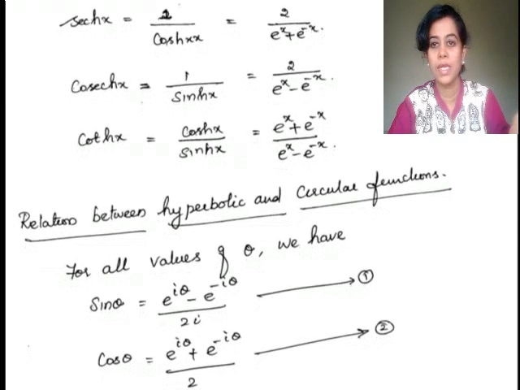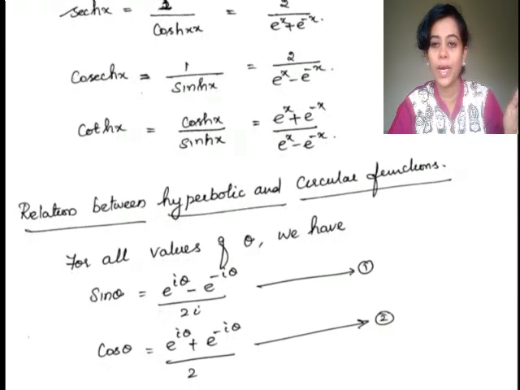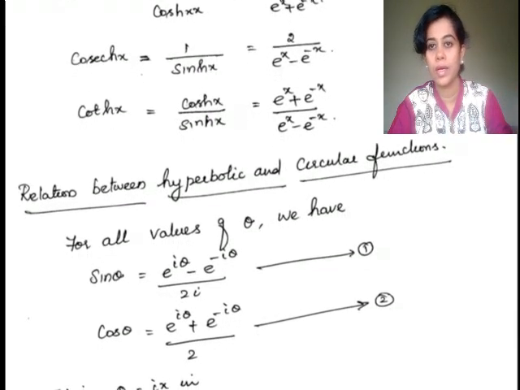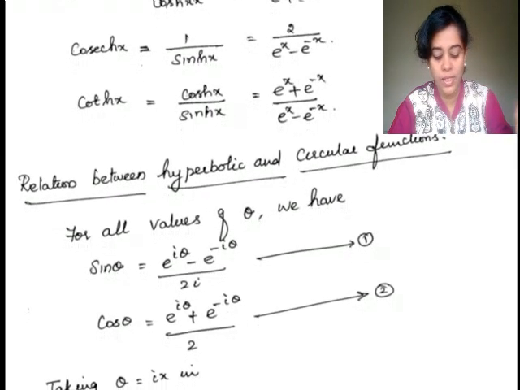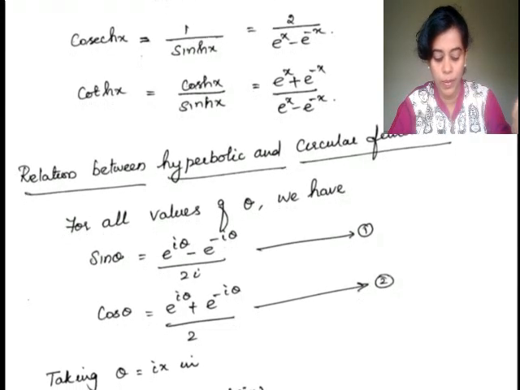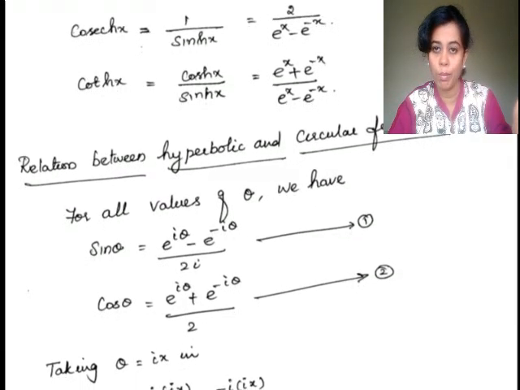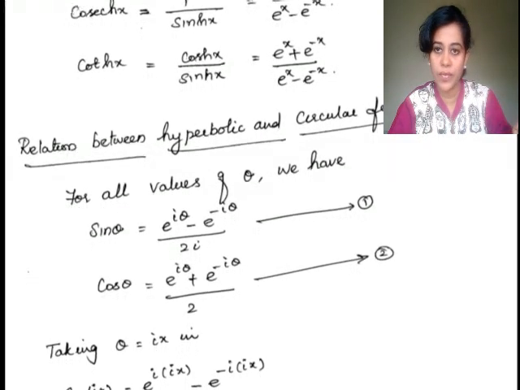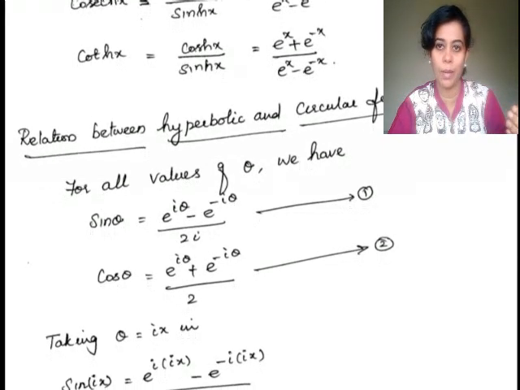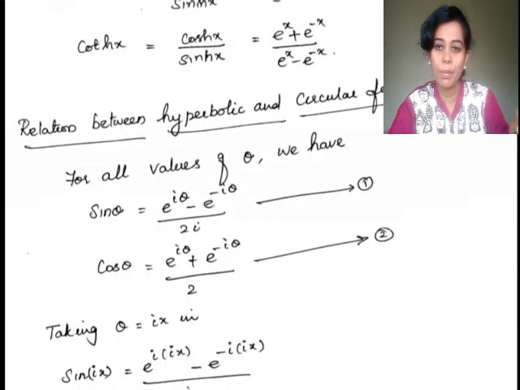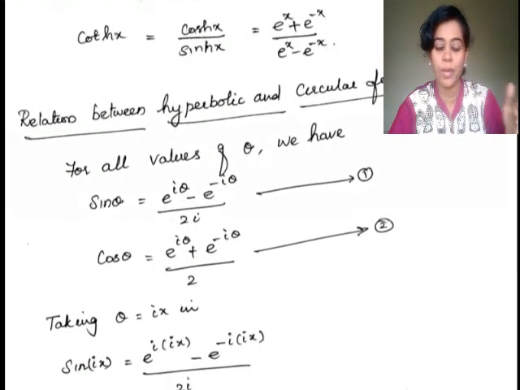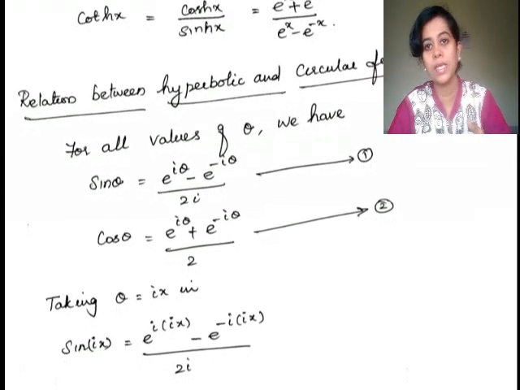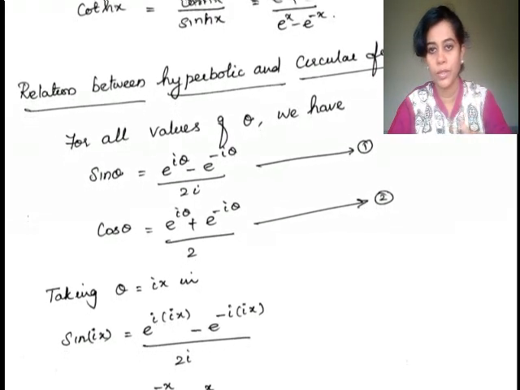We have done this in the previous case, where cos y = (e^(iy) + e^(-iy))/2 and sin y = (e^(iy) - e^(-iy))/2i. Replacing y by theta, sin theta = (e^(i theta) - e^(-i theta))/2i and cos theta = (e^(i theta) + e^(-i theta))/2.